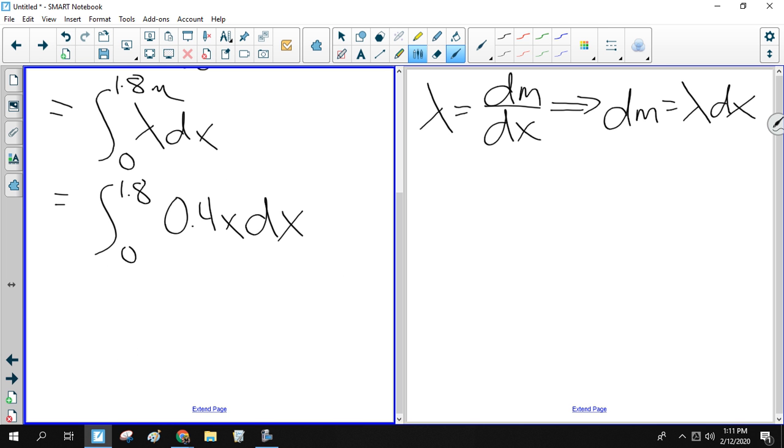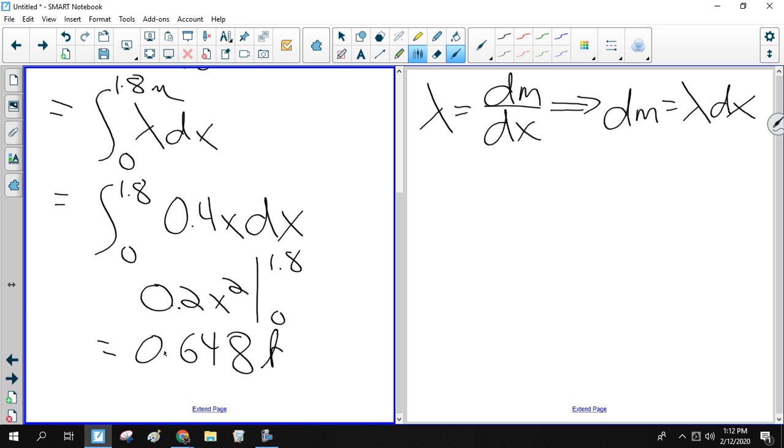So what's the integral of 0.4x? 0.2x squared. Evaluate it at 0, evaluate it at 1.8. Plug in your numbers. So 0.2 times 1.8 squared gives you a number. What is it? 0.648 kilograms. That's part A. Good?